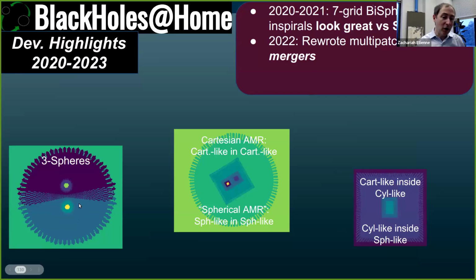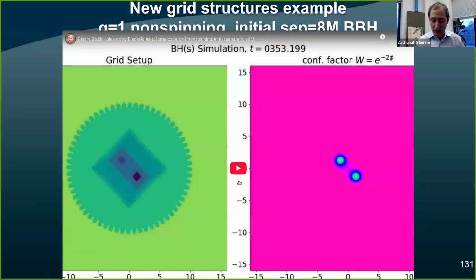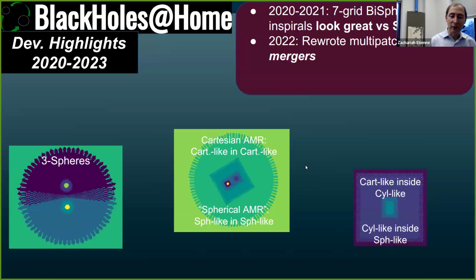If that turns out to be false, then I need data that's in the buffer zone, more specifically the interpolation ghost zone of the spherical grid, then that's a failure. So it just searches for a failure. When a failure mode is returned, it will automatically move to the Cartesian AMR-like grid structure. So it's looking at how information propagates between the patches.